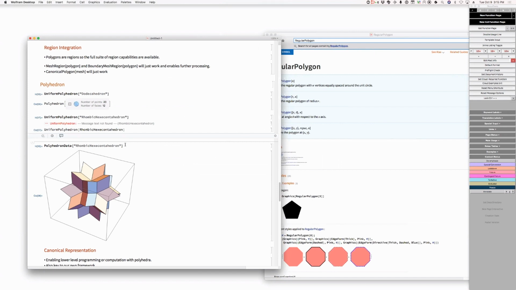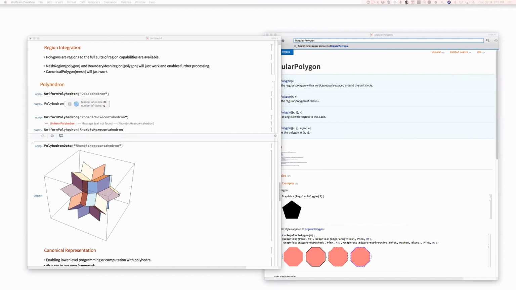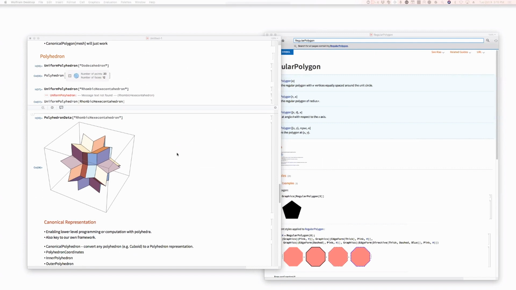Yes. But is the rhombic hexagonahedron one of those? Yes, it is. I mean, from the picture, it's a uniform one. Okay, fine. I mean, there's the possibility of returning a region.